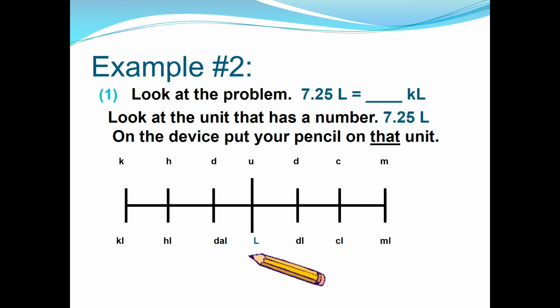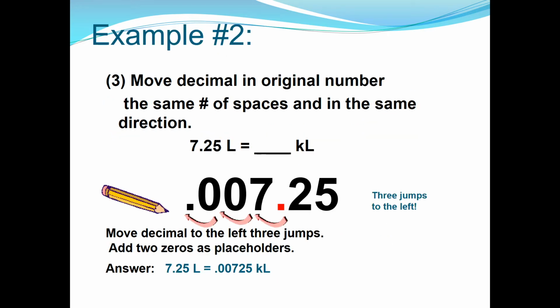So going from base L to KL, we go over 3 times. So 7.25. The point will move over 1, 2, 3. So it's equal to 0.00725. And I hate the fact that this PowerPoint actually shows the 0 being missing, because the numbers begin with 0 point if you're doing decimals.